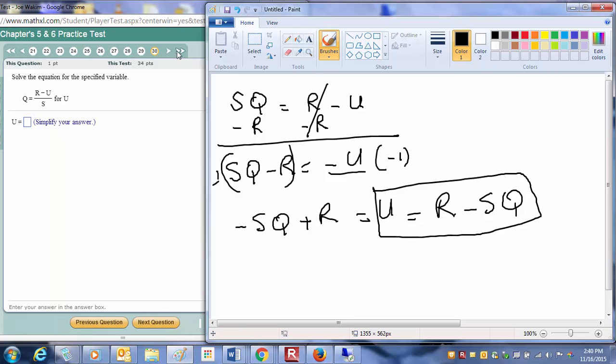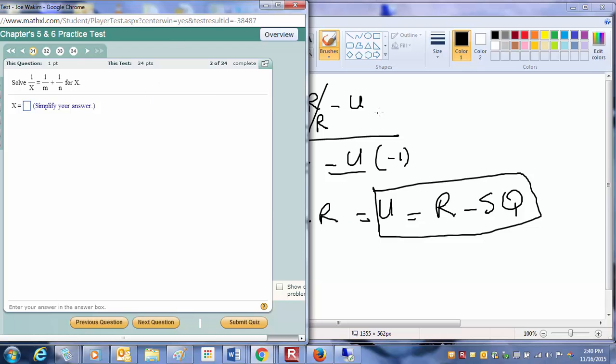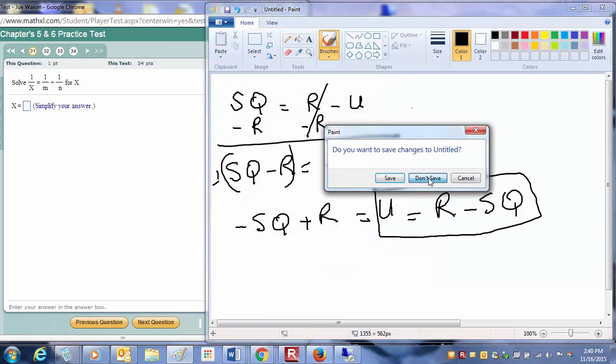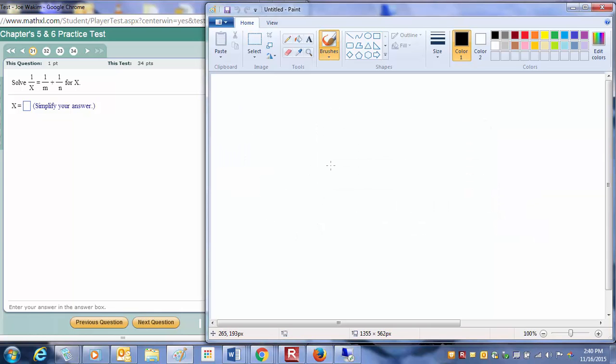Alright, let's try the next one, which is number 31. Here we have to solve for x also. Every time you have a fraction, the best way to solve is to simplify the fraction, multiplying every term by the lowest common denominator. In this case, mnx is the lowest common denominator, and let's multiply it by every one of these terms.